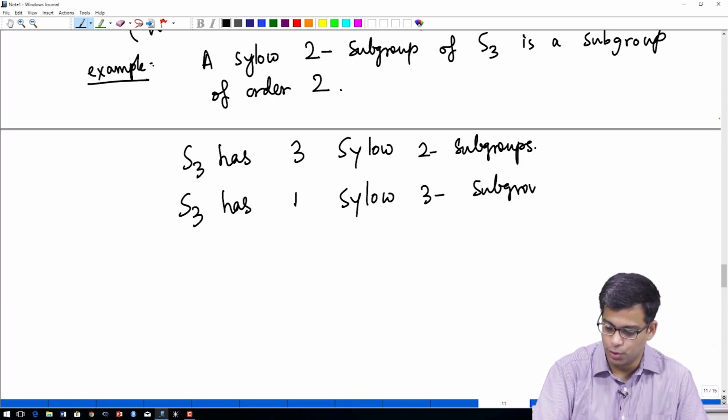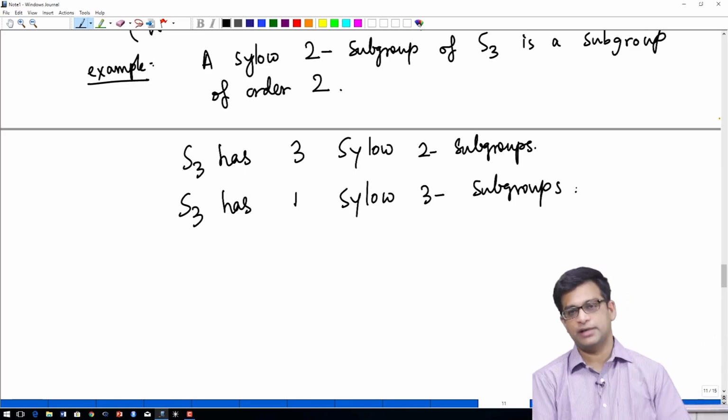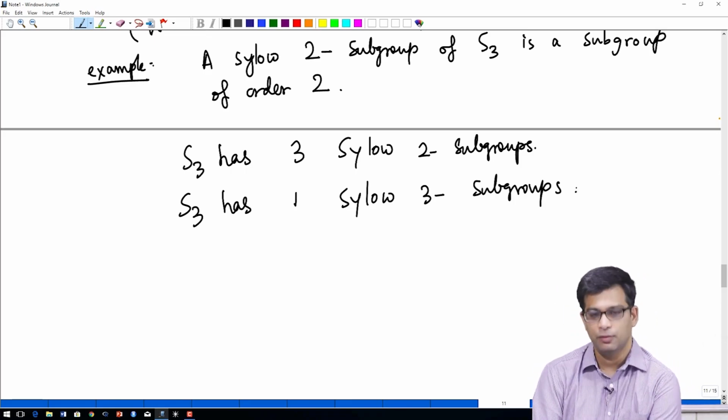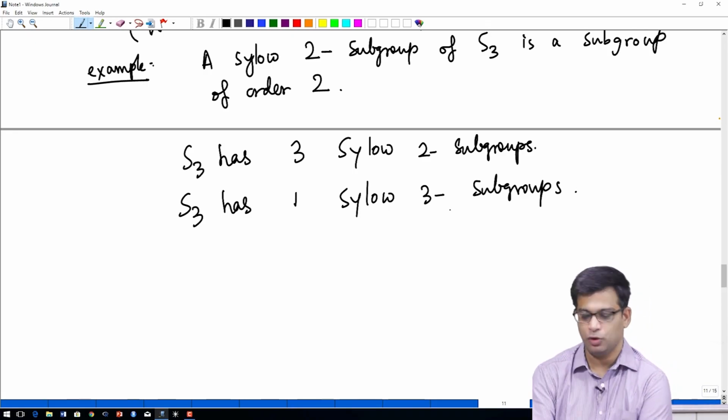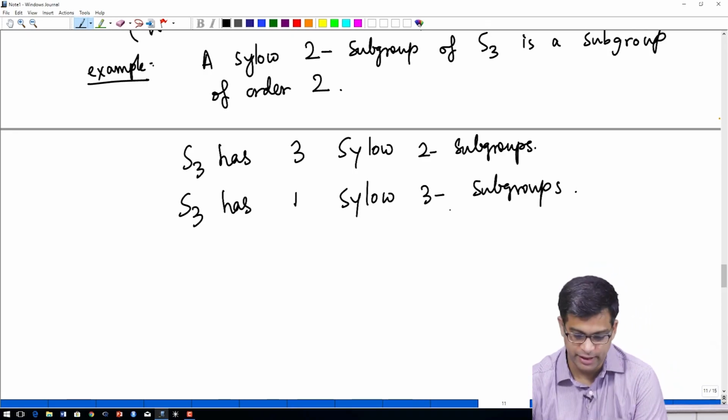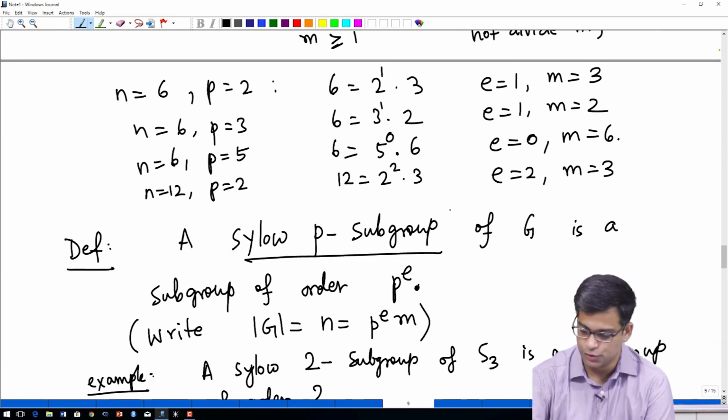So I want you to get used to this notation. What is a Sylow 3 subgroup of S3? What is the order of a Sylow 3 subgroup? Remember, 6 is written as 3 power 1 times 2.